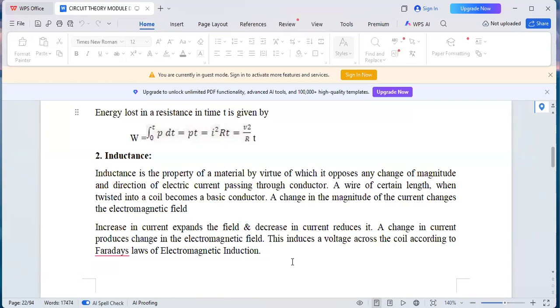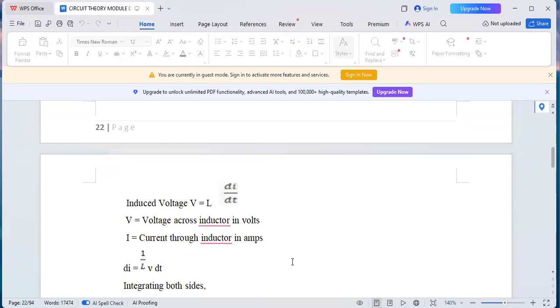I think that is okay. So inductance voltage, which is also referred to as L di/dt, L di/dt, which means that inductance will increase depending on increase in current with regards to time.